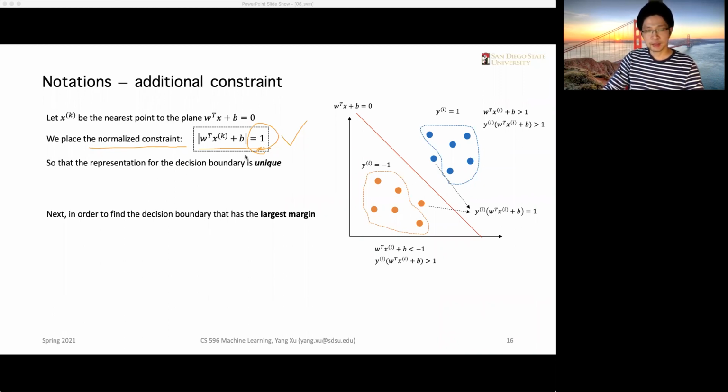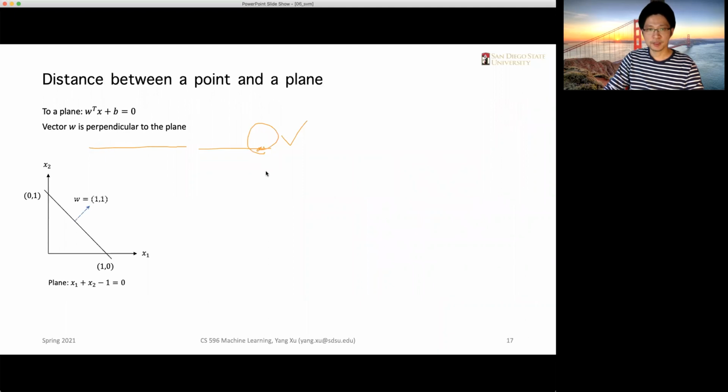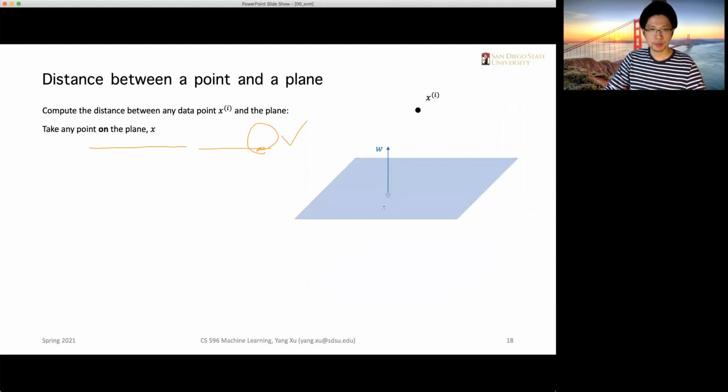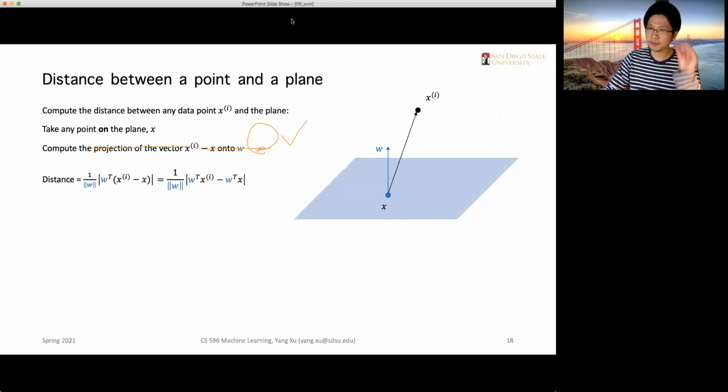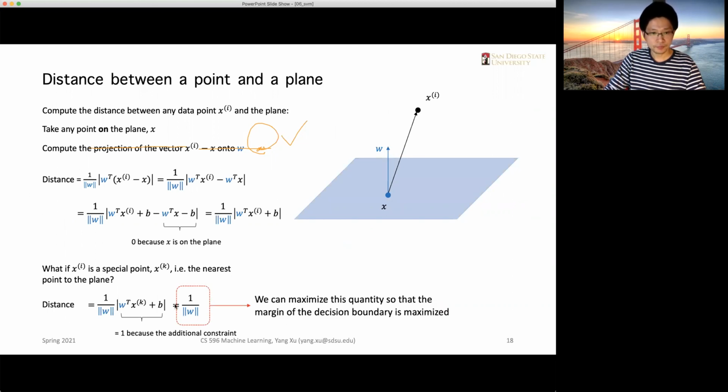Okay, but starting from these normalized constraints and from the geometric knowledge that we have, when we compute the distance from a point outside the plane to the plane by making projections, we're able to define the distance from the outside point to the plane into some very simple equations in this form. And this is exactly the objective function: it is the norm of W that we want to minimize.